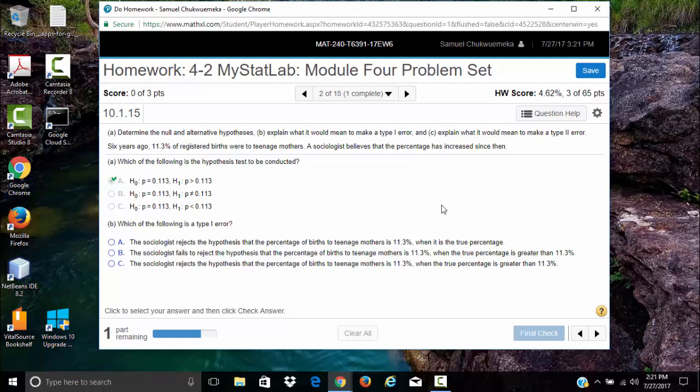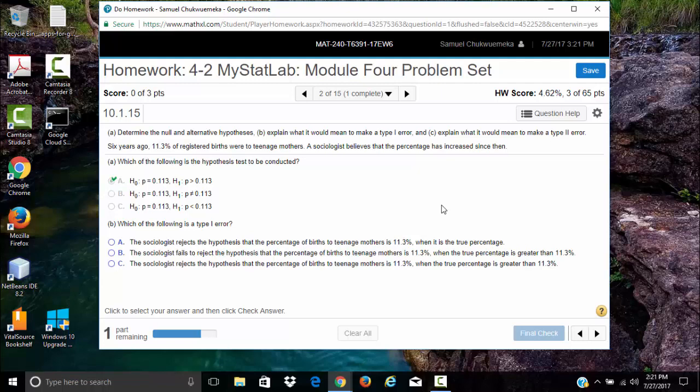So you are now trying to see whether you would reject the null or fail to reject the null. In essence, if you fail to reject the null, it means you are accepting it, but we don't want to use the word accept.